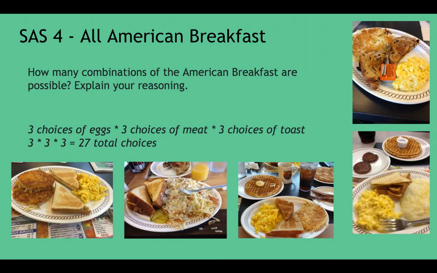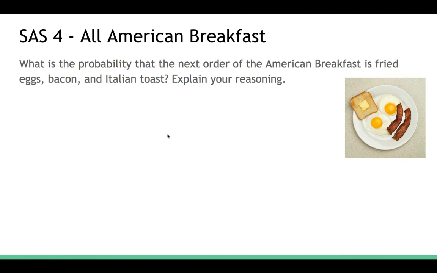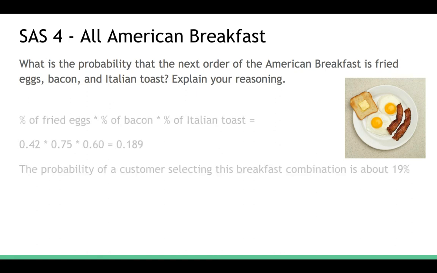Fundamental counting principle, FCP. When there are choices, you have 3 different choices: eggs, meat, and bread. There's 3 times 3 times 3, or 27 total choices. What is the probability that the next order of the American breakfast is fried eggs, bacon, and Italian toast? Okay, so let's look at it carefully.